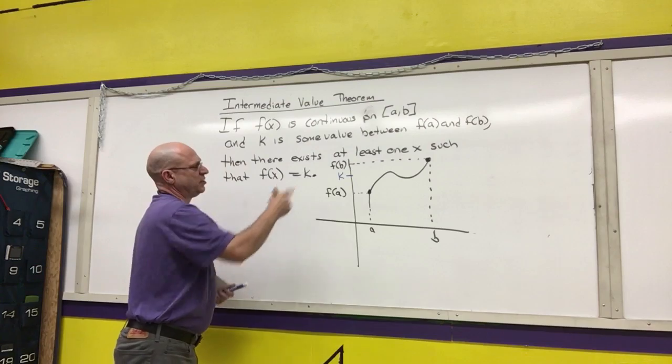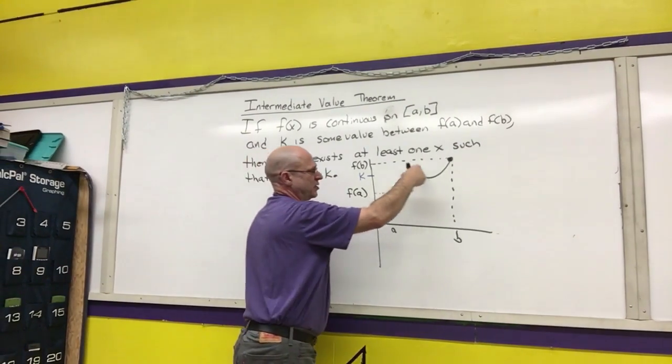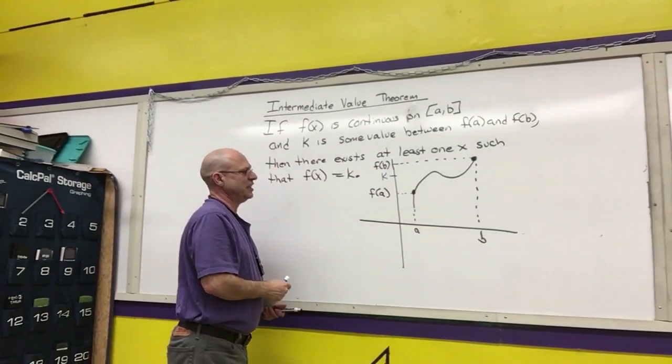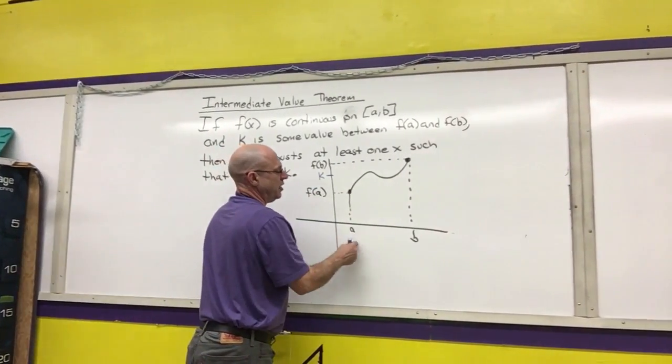And it says if these two conditions exist, one that I have this closed continuous function and that k is in between those two values, there is at least one x between A and B.